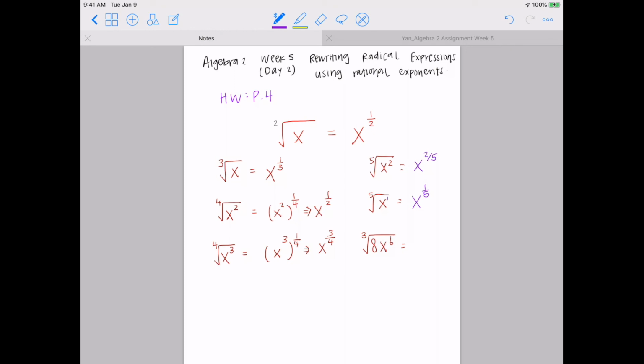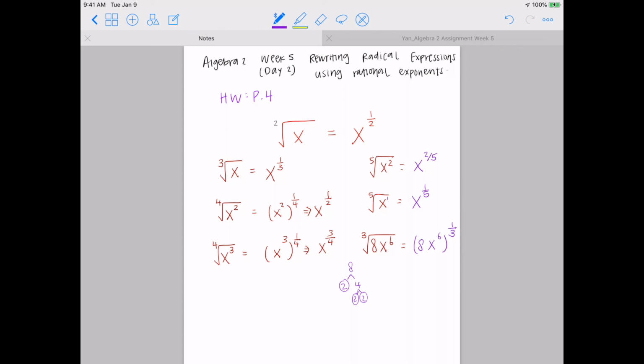This next one is a little bit different, because yes, we can rewrite all this in here and write the 1/3 on the outside, but we can do something to the 8. If you break down the 8, it's actually 2 and 4, and then 2 and 2, so we have 3 of the 2's.